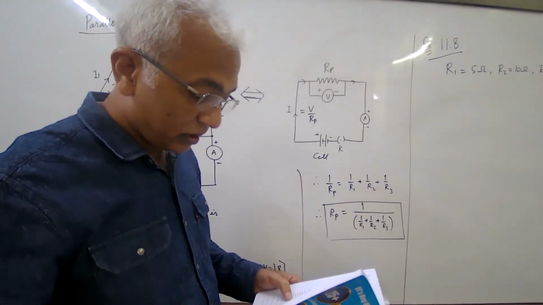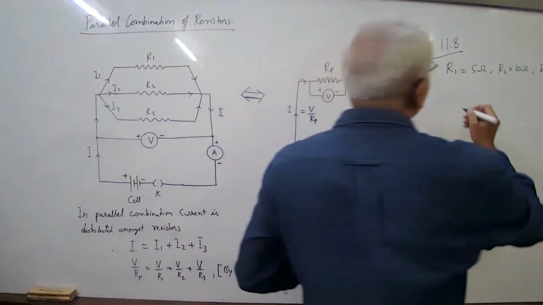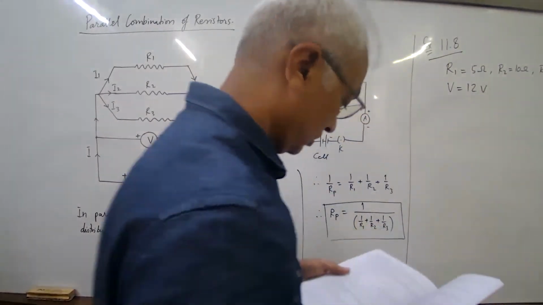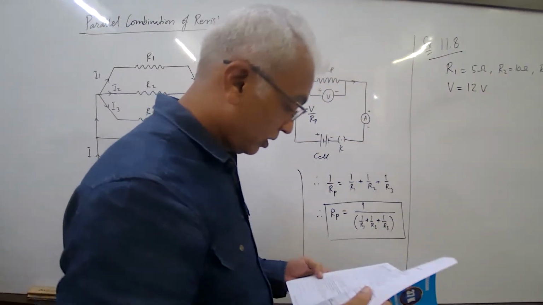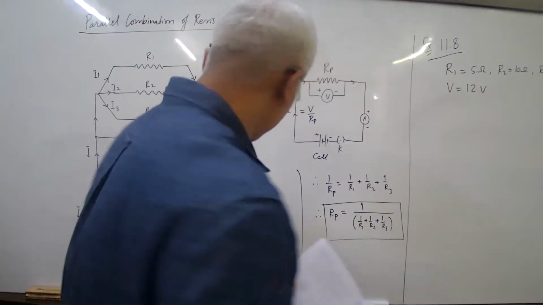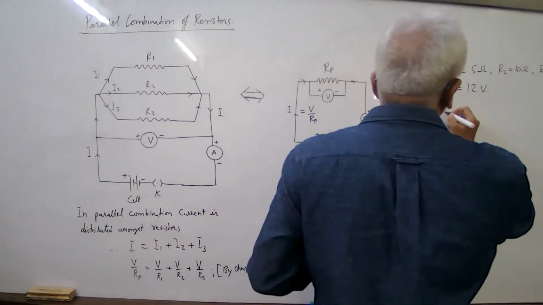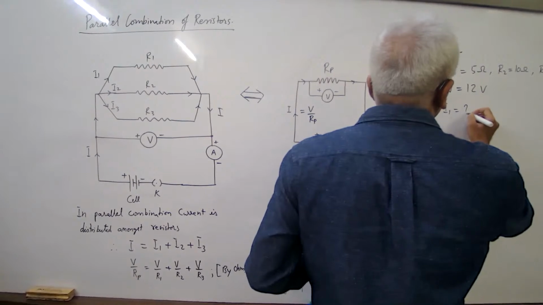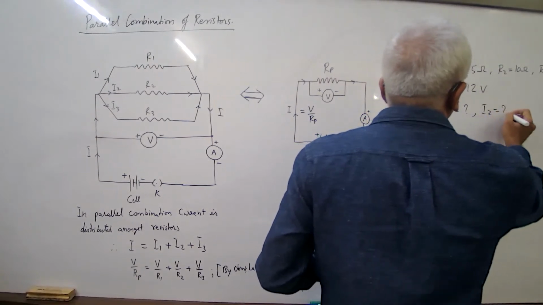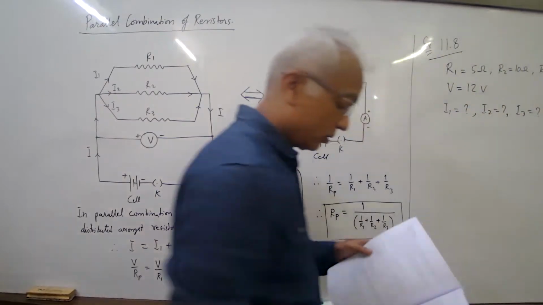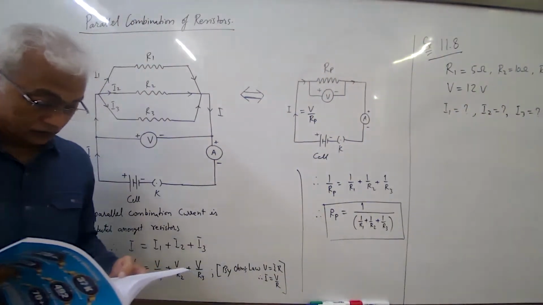Which has been connected to a battery of 12 volt. Calculate the current through each resistor. So you have to find I1, I2 and I3.